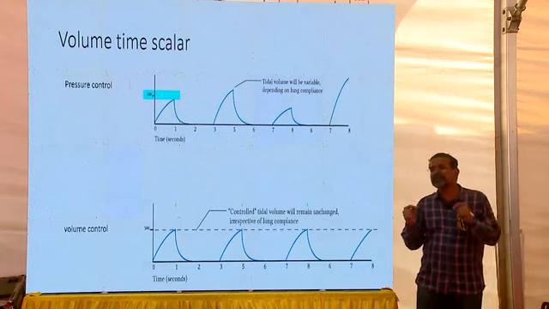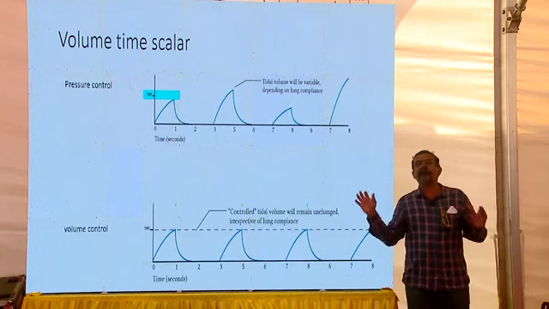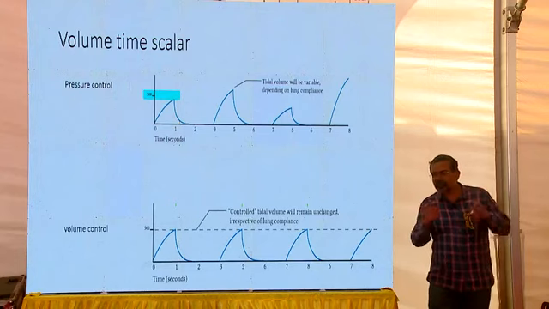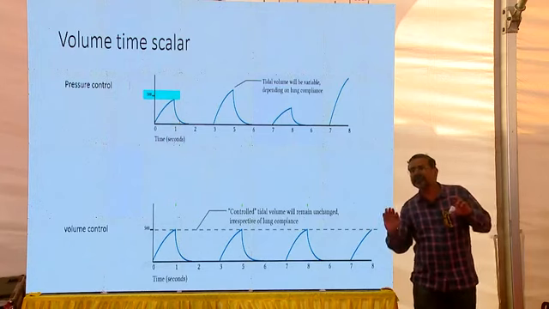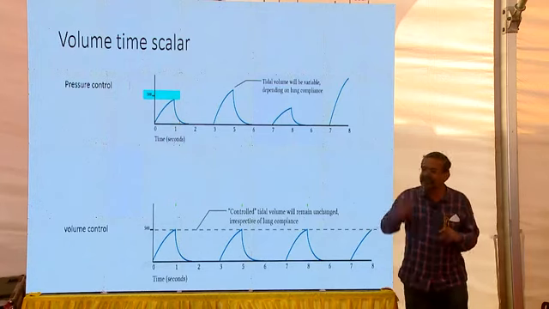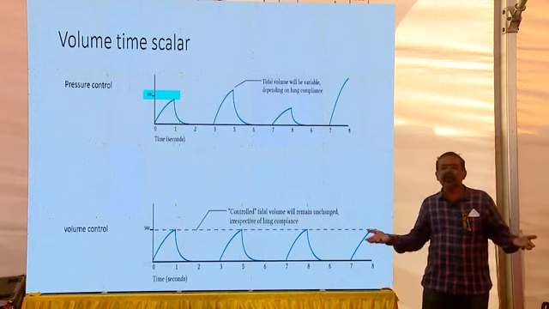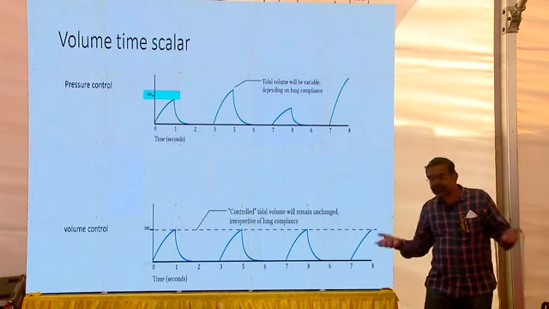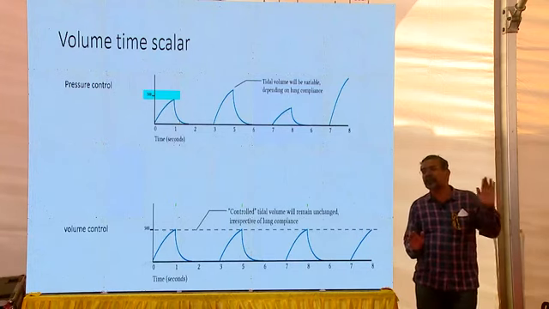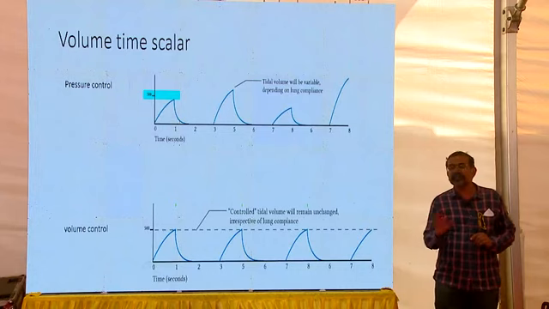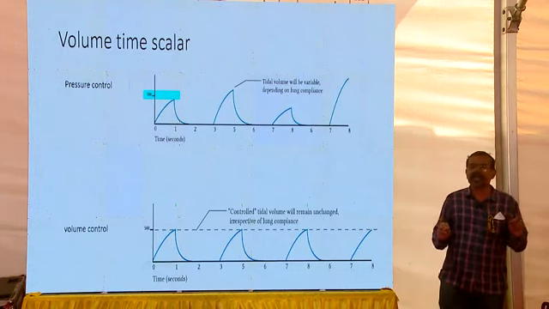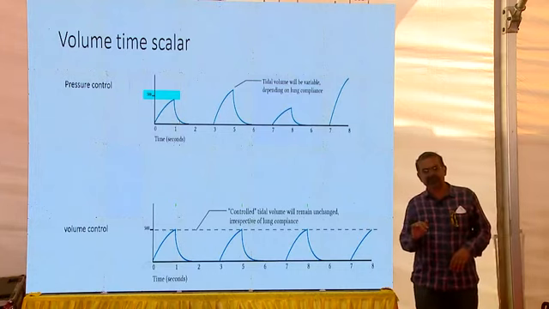Now, how much pressure it needs is told by volume ventilation. Suppose you set a volume and patient is getting 20, that means he is needing 20. On pressure, we are giving 20, and I don't know whether he really needs 20 or not. That is the most important difference between volume and pressure. That's why volume is supposed to be better than pressure as far as lung protective strategy is concerned.